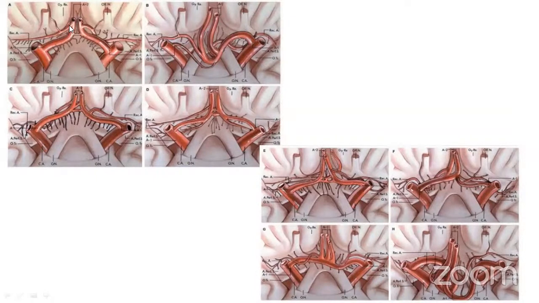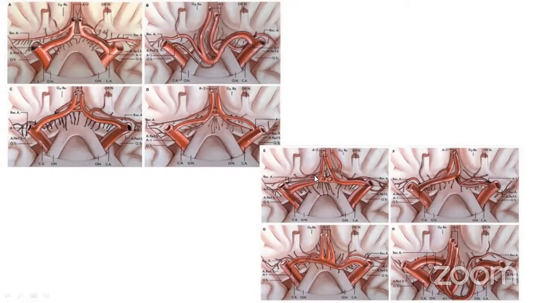Here it is arising from the A2, while here it is arising slightly beneath the junction of the A1 and A2. Here it arises from the A2 junction but runs superiorly behind the A1. In diagram C, it arises just above the junction of the ACOM and A2 and runs laterally and superiorly above the A1.